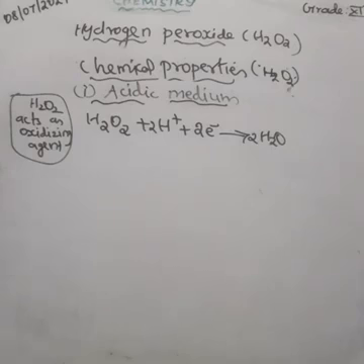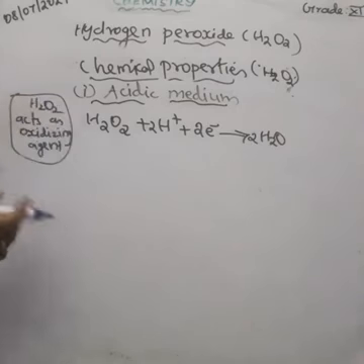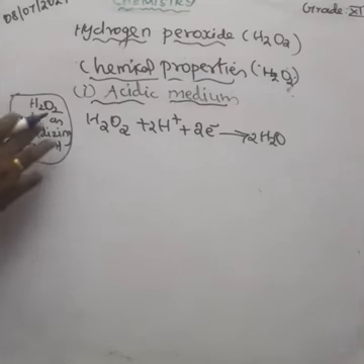Now we are studying both the oxidizing and the reducing property of hydrogen peroxide. Oxidizing property means it can give electrons to other substances.